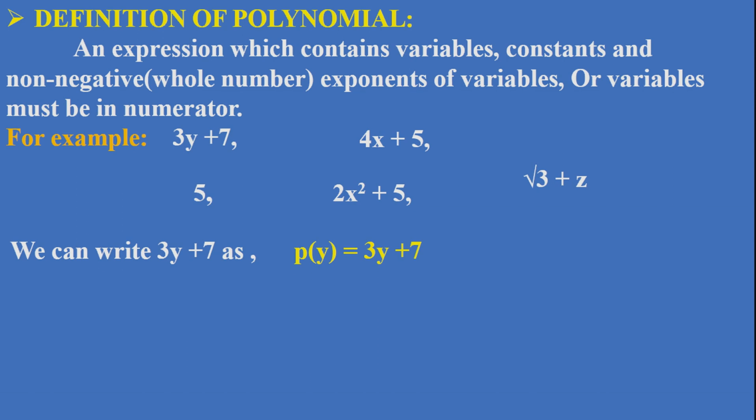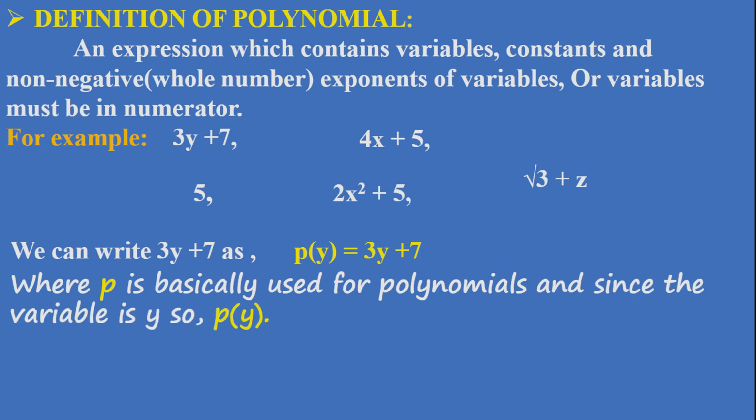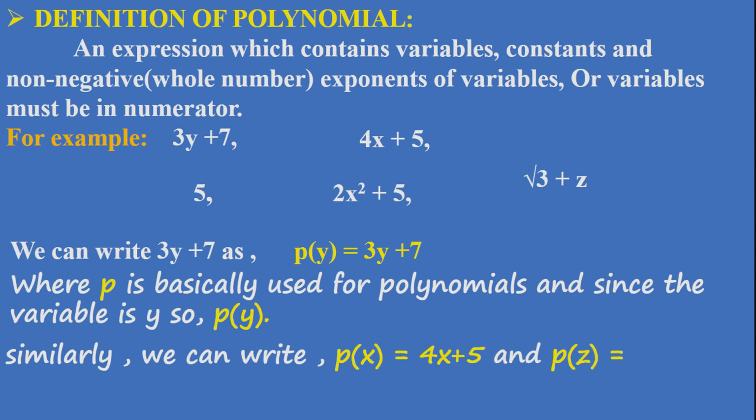Why do we use p and y here? Basically p indicates the polynomial, and since we have used y as a variable in the polynomial, so we have written y in the bracket. So similarly we can write 4x plus 5 as p(x), right? And root 3 plus z as p(z), right?